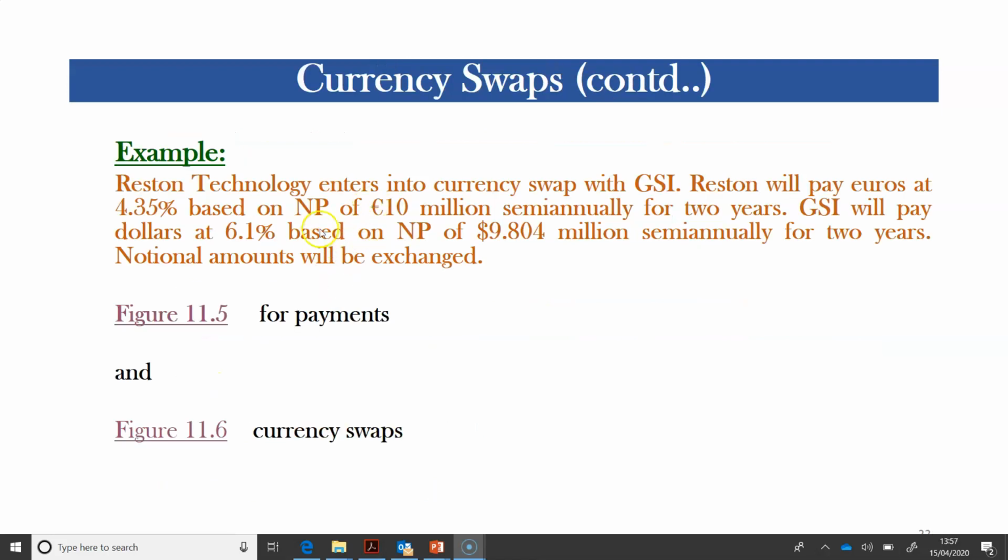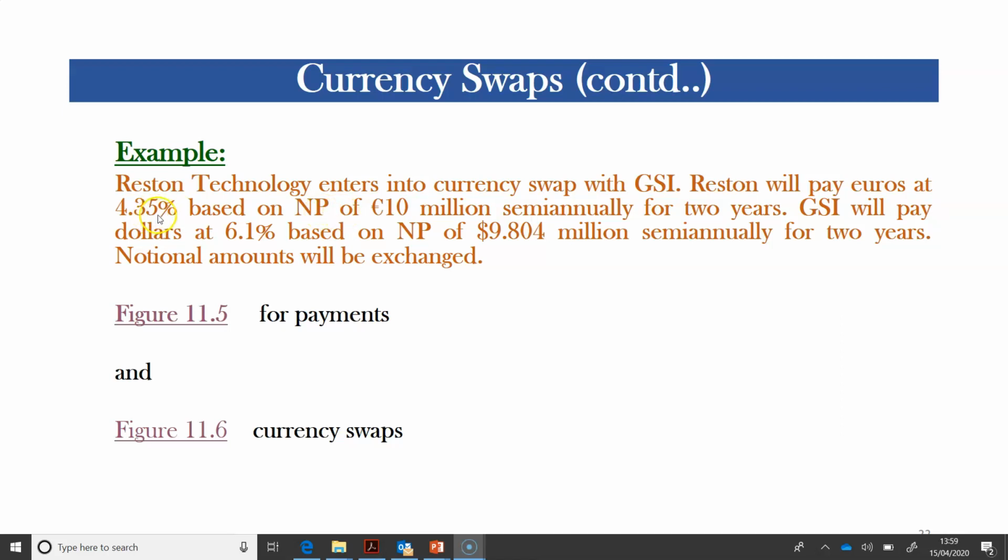To understand the mechanics of a currency swap, let's have a look at this example, which we will then use to learn the pricing and valuation of a currency swap. Reston Technology has arranged a currency swap with GSI as its counterparty.